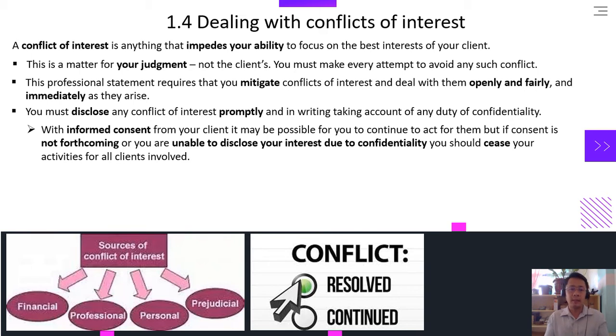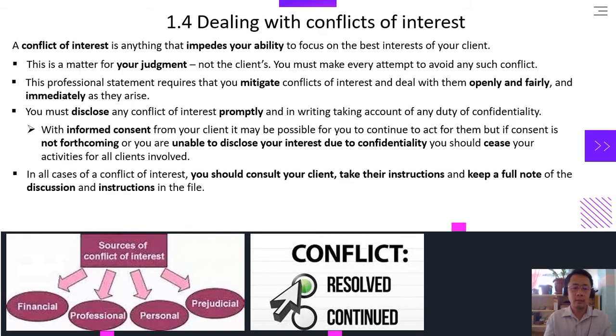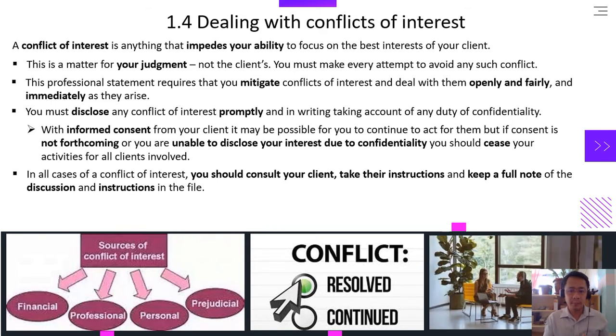But if consent is not forthcoming, or you are unable to disclose your interests due to confidentiality, you should cease your activities for all clients involved. In all cases of a conflict of interest, you should consult your client, take their instructions, and keep a full note of the discussion and instruction in the file.